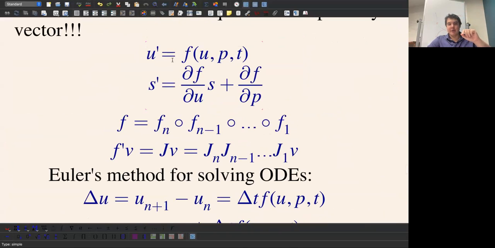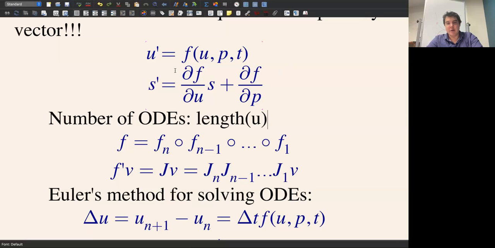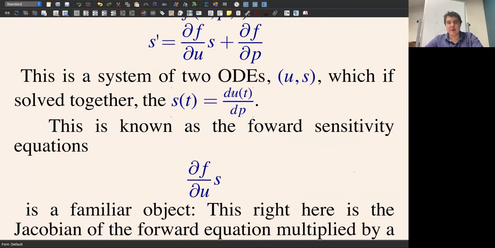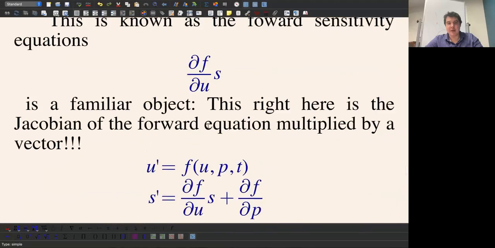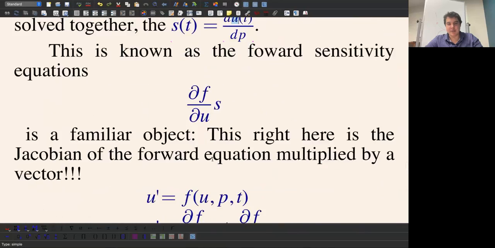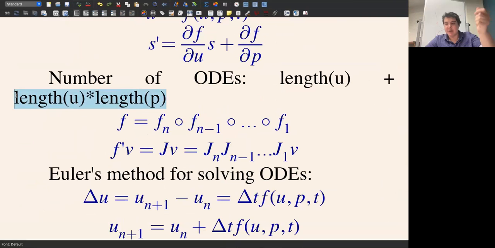If you think of the number of ODEs that you're solving here, it is length of u plus length of u times length of p, because there's a derivative of every u with respect to p. So you have the scaling that is length of u times length of p.